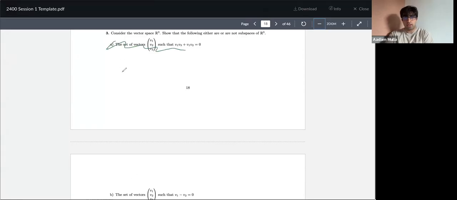The set of vectors V1, V2, V3, such that V1 minus V2 equals 0. So think about whether this could be a subspace of R3. Then we'll go over how you can generalize it.